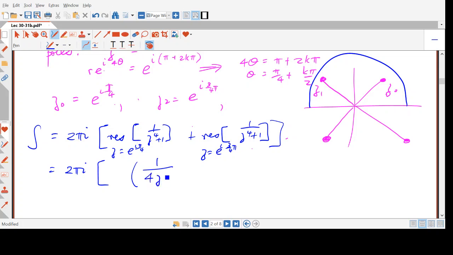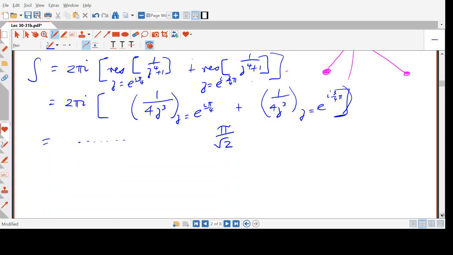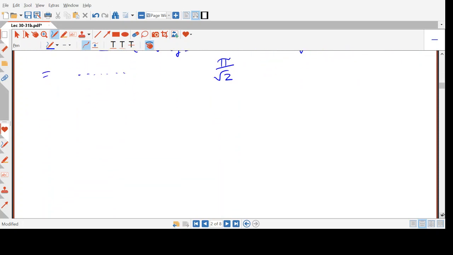So it's 4z cubed. And you plug in e to the I pi over 4. Plus, likewise, 1 over 4z cubed. And you plug in z equals e to the I 3/4 pi. Crank this out, and at the end of the game, you should get pi over root 2 as the answer. We'll leave that to you to sort out yourself.